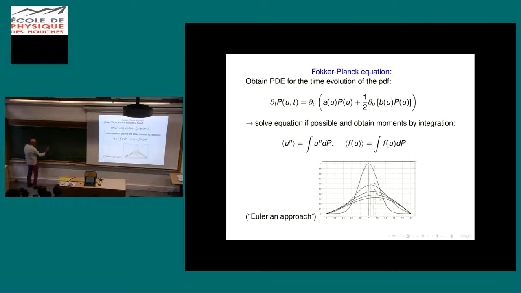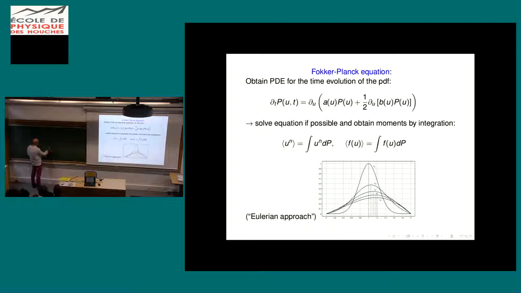If you have particles which are moving around, and you want to know how many particles are in a square like this, then you can just have many particles, integrate them, and then some are moving out, some are moving in, and at one point in time you stop and you count how many particles are there. This would be a Lagrangian approach because you follow how the particles are moving. But you can also try to find an equation.